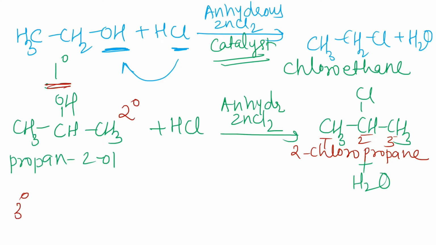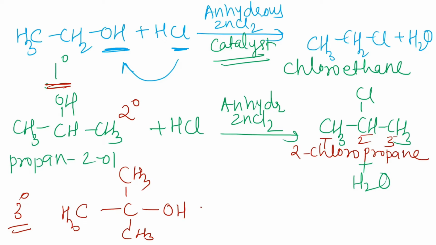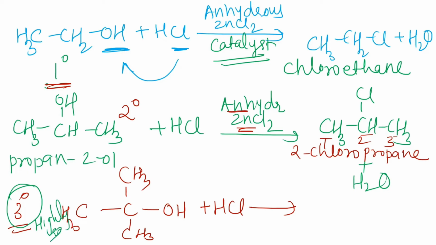If I take one more example of a tertiary alcohol, CH3, CH3, CH3, let us take the simple example of this tertiary alcohol reacting with HCl. On the arrow now I don't require this catalyst. I don't need to write the name of the catalyst on the arrow. Why? Because this is a tertiary alcohol and tertiary alcohols are highly reactive.